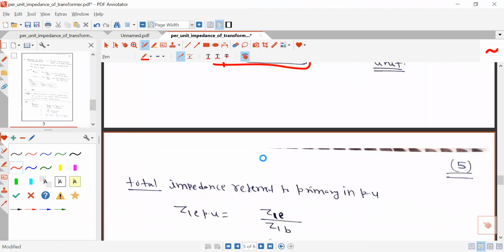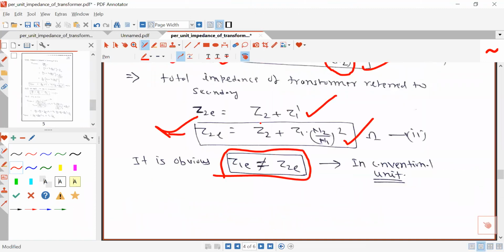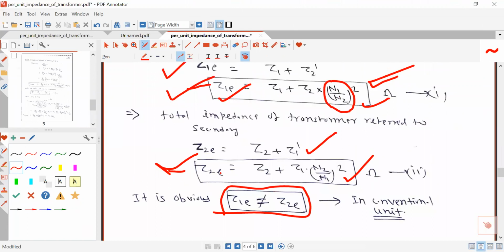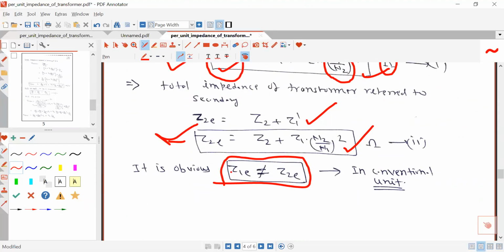Now, how will you calculate per unit impedance, how will you convert this conventional unit into per unit? So in the previous lecture you have studied that any physical quantity which is given in conventional unit can be converted into per unit system just by dividing by its base value.